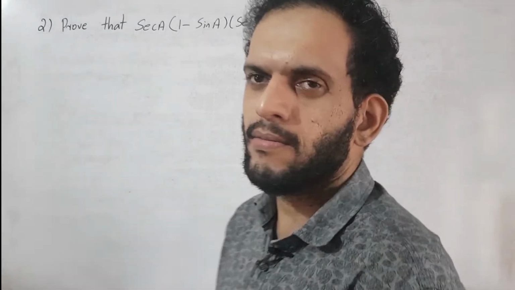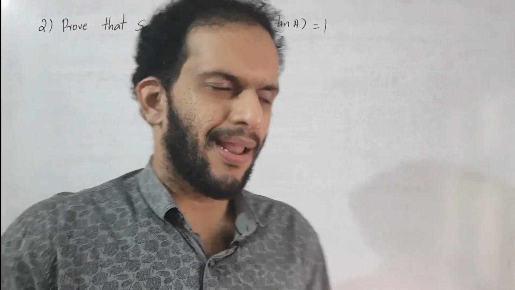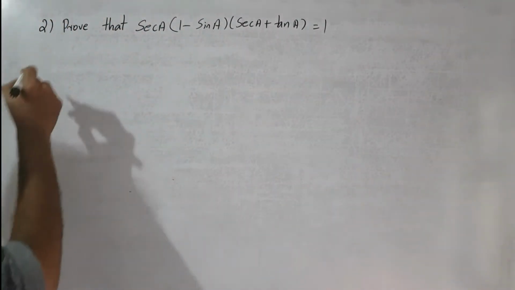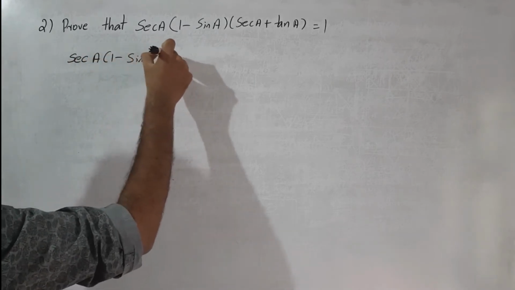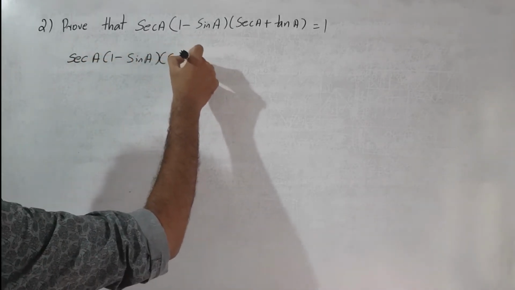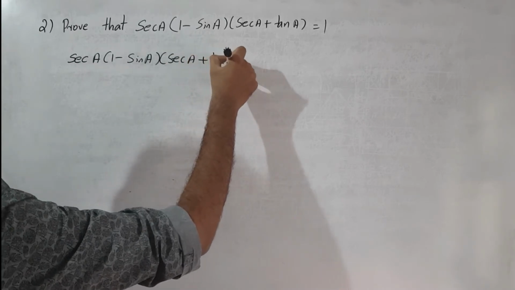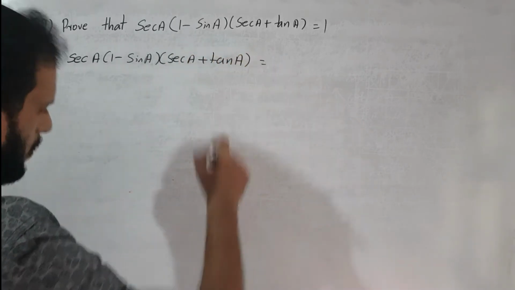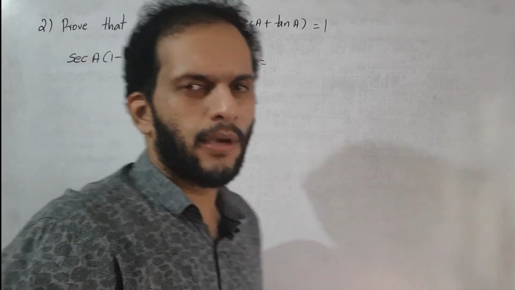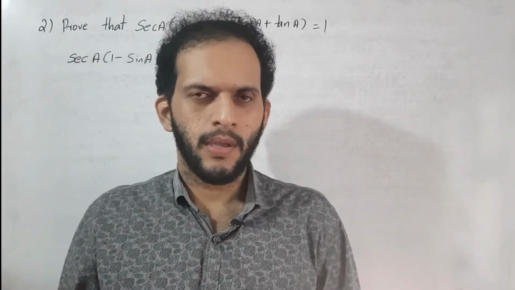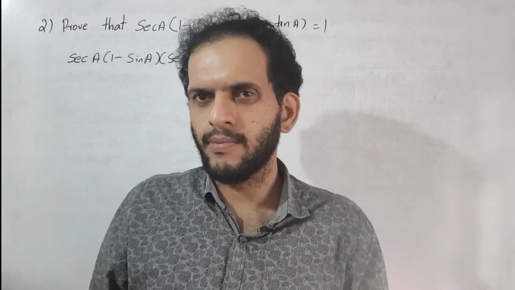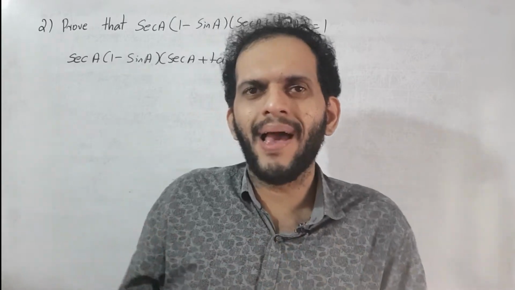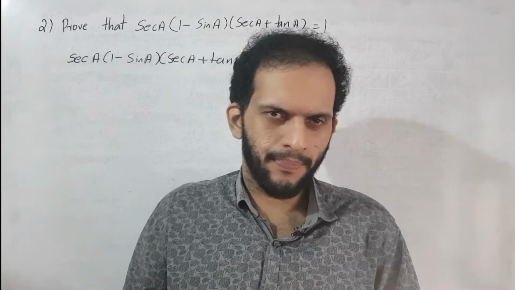For this type of question we start from the LHS: sec A into 1 minus sin A into sec A plus tan A. This is a proving type question, and we always think like this: we want to apply one of the identities.